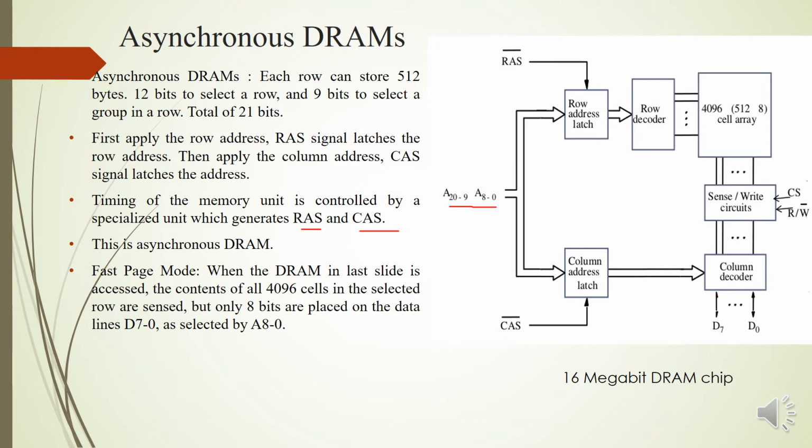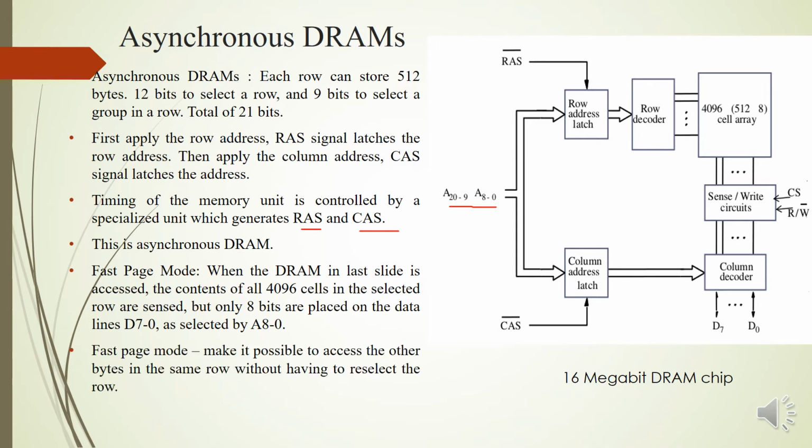Fast page mode technique is incorporated. That is, when the DRAM in the last slide is accessed, the contents of all 4096 cells in the selected row are sensed, but only 8 bits are placed on the data lines D0 to D7, selected by the A0 to A8 column address.